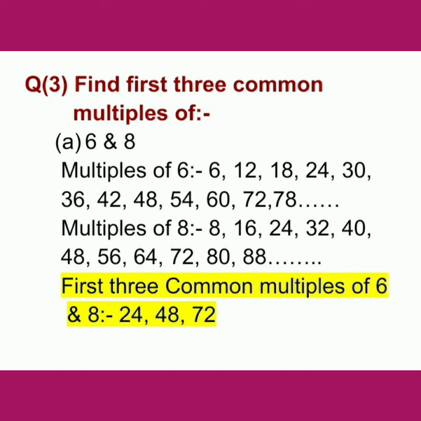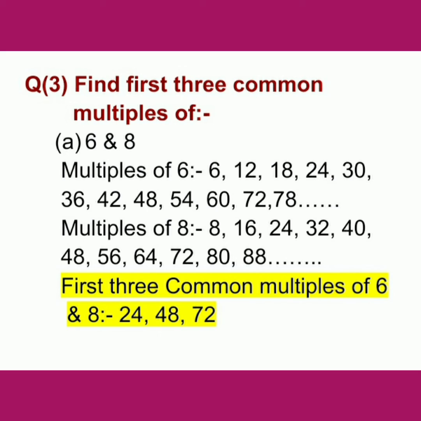Multiples of 8 are 8, 16, 24, 32, 40, 48, 56, 64, 72, 80, 88 and so on. Now the first 3 common multiples, the numbers which appear in both the lists, are 24, 48 and 72. If you write the list again with more multiples, you will get more common multiples.